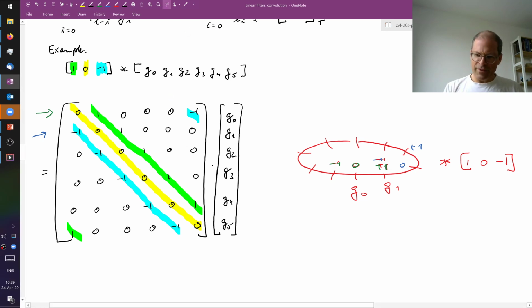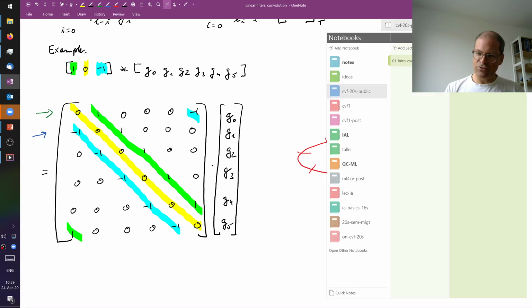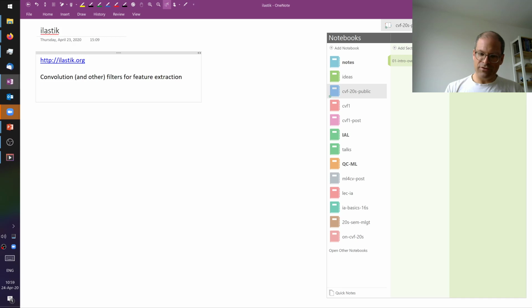Good. We are running out of time, but I would still like to show you how to use filters for feature extraction. What do we do?